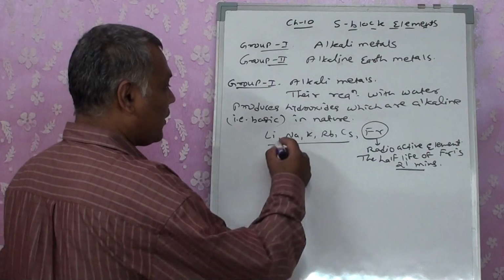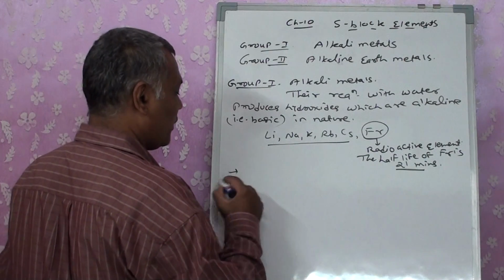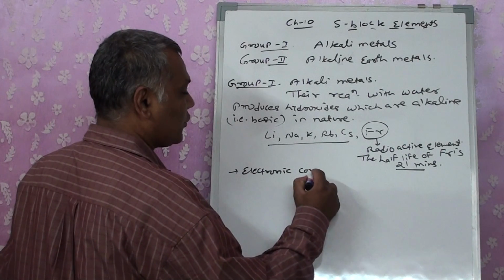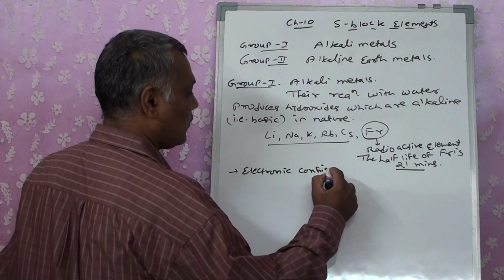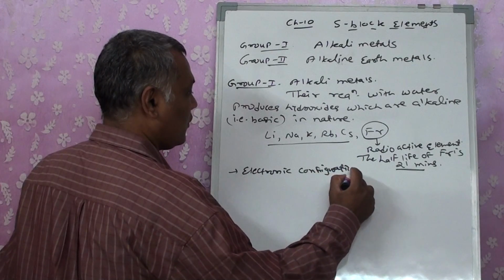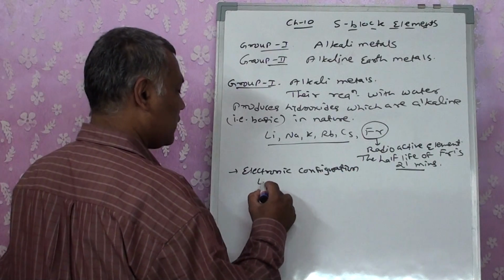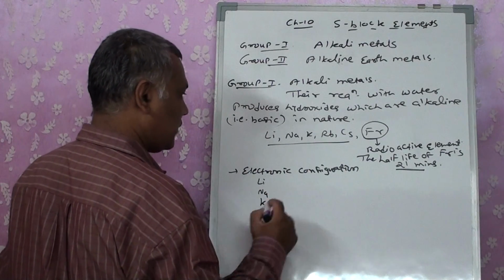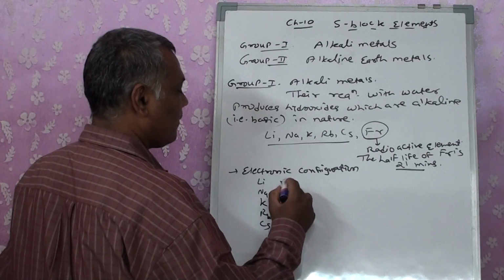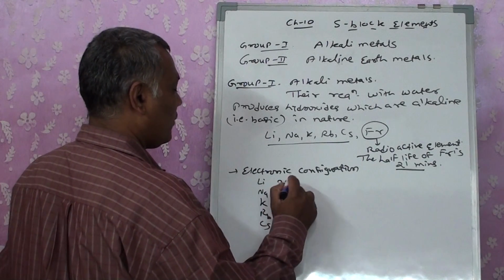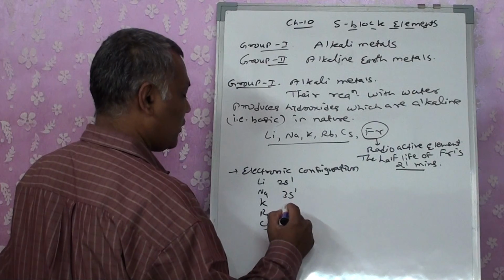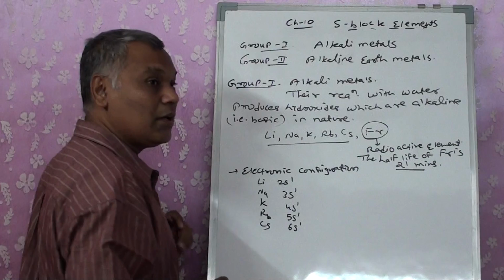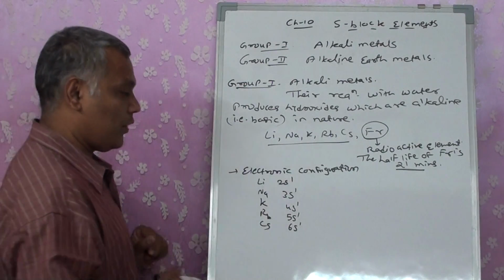Okay, at the same time, the next point is electronic configuration. For Li, Na, K, Rb, Cs, we get 2s1, 3s1, 4s1, 5s1, 6s1 as the outermost electronic configuration.